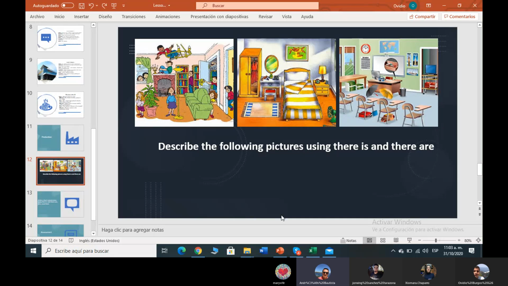Inside the closet, there is a boy. In the second picture, this is a room because there is a red dress inside the closet, and there is a mirror on the table.